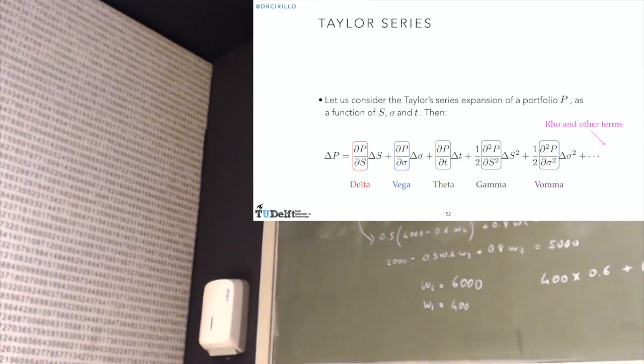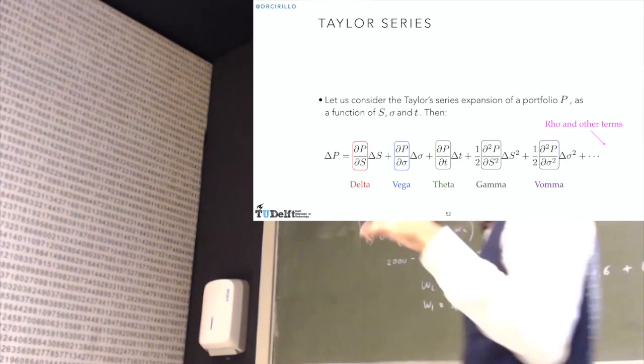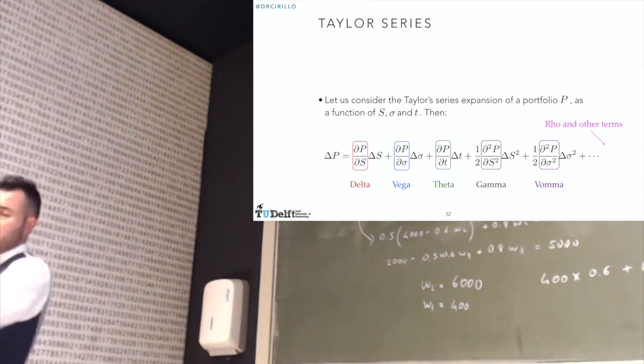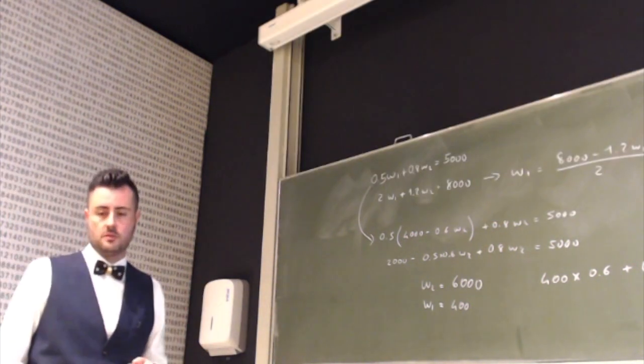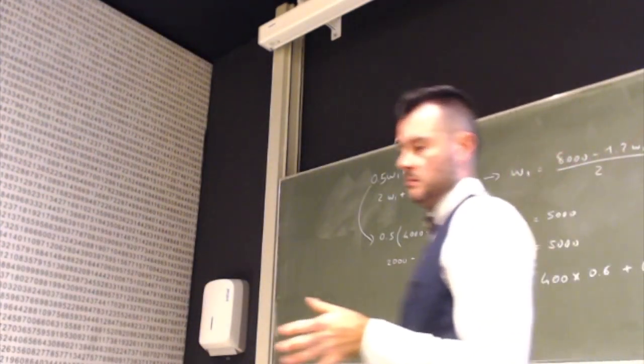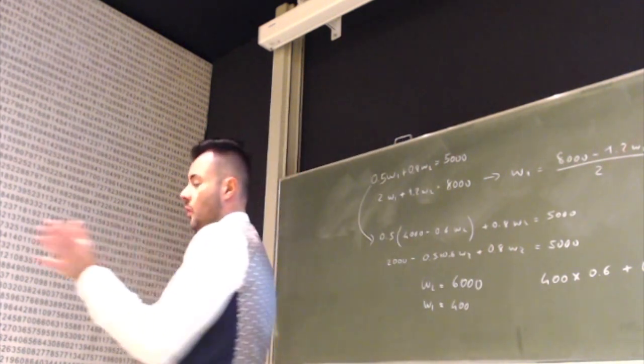Delta, Vega, theta, gamma. If I take the second derivative there, I will have gamma, but I also have all the other Greeks, and I can be as precise as I want, obviously adding terms. Now, in the front office, most of the time, you don't have the time nor the will to use all those Greeks.